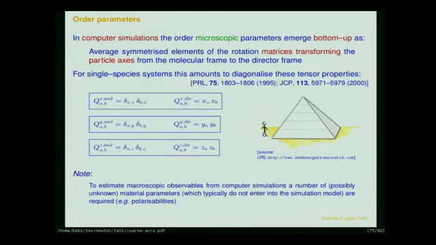The reason why here there are 3 ordering matrices is that if the particles are biaxial, there are 3 mutually orthogonal directions that we want to keep track of.